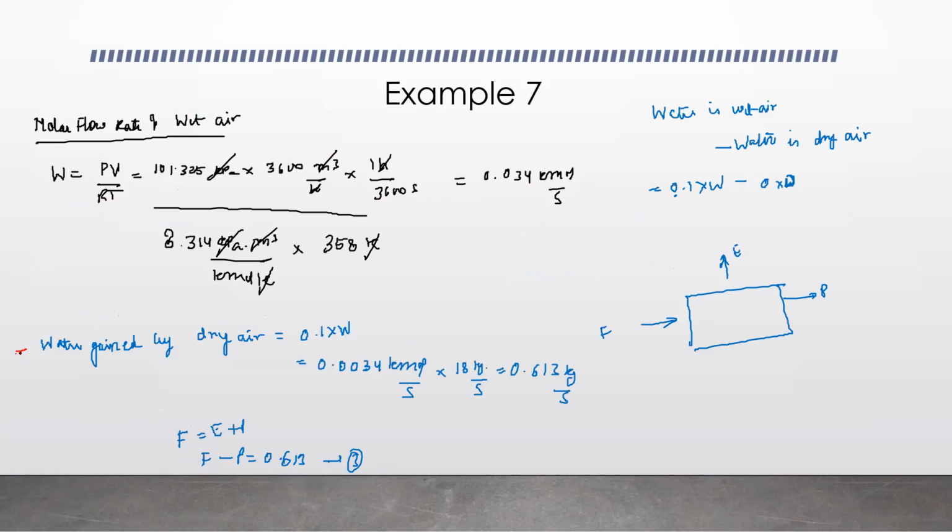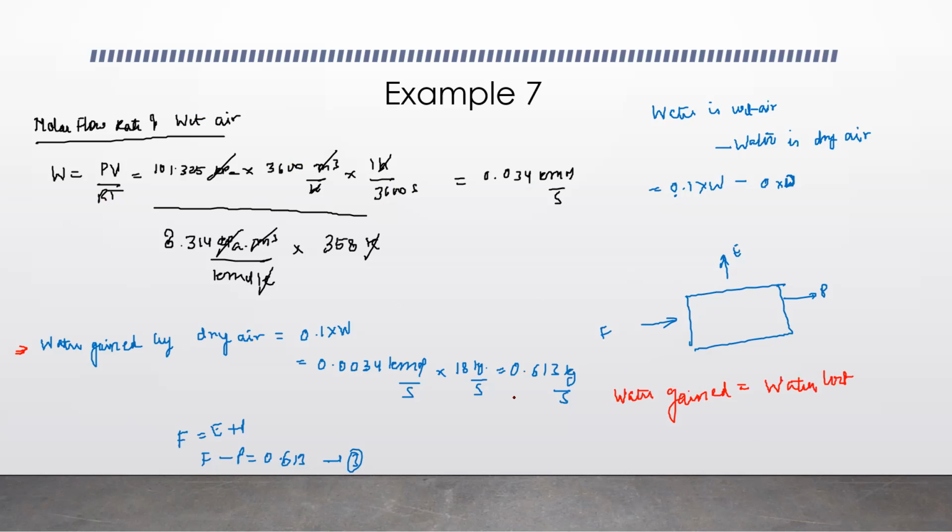So first we had to calculate the water gained by the dryer. This water gained is equal to the water lost by the feed. This water lost we depict as E in our normal block diagram.